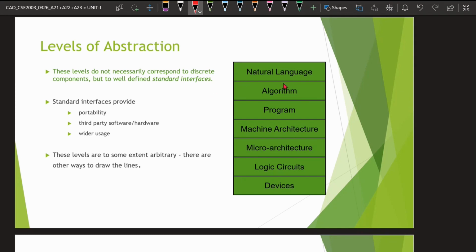So these are not random steps we have put here, but steps that are correlated. These logic circuits are related with the devices and with the architecture. The microarchitecture is related with the machine architecture and the logic circuit. Similarly, there is a relation between each. That's why it is called abstraction. Abstraction means that a particular level has some relation with the upper one and the one below. Okay.